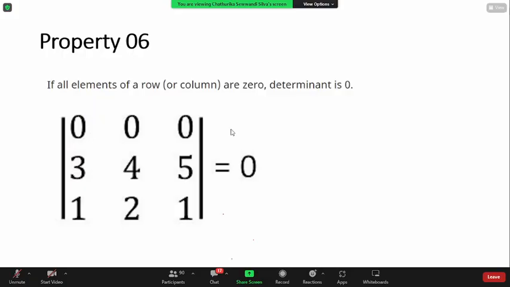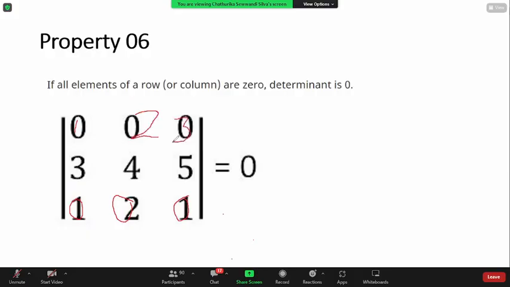When all zeros are in the first row, you will notice it suddenly. But assume all the elements of the third row are 0 and there are some values, 3 and 2, in the other places.